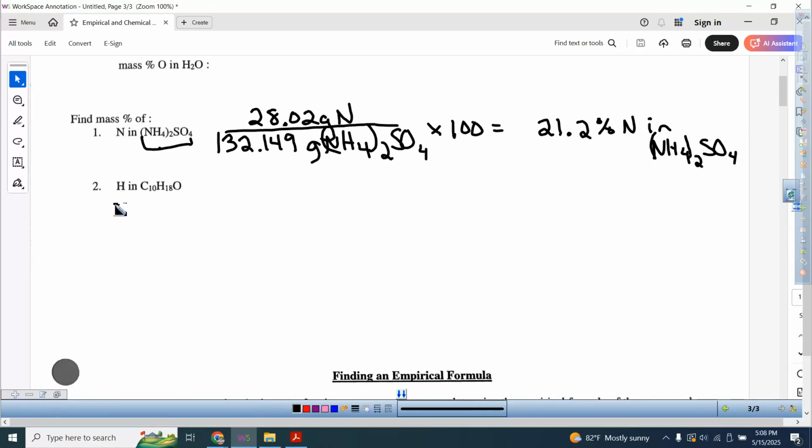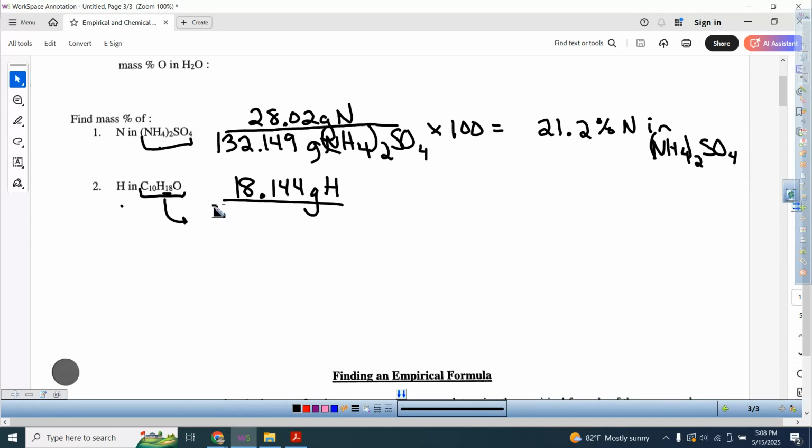Okay, and then the second one here, we're looking at the hydrogen. In this compound, we have 18 hydrogen. So I took the mass of hydrogen, which is 1.008 times 18, and that gave me a total of 18.144. Then I divided by the mass of this entire compound.